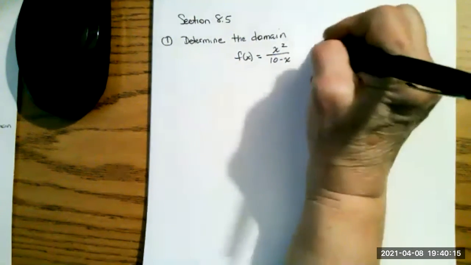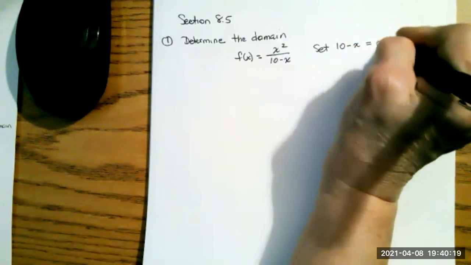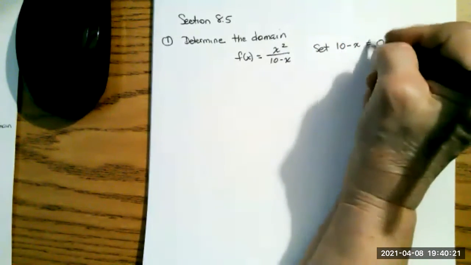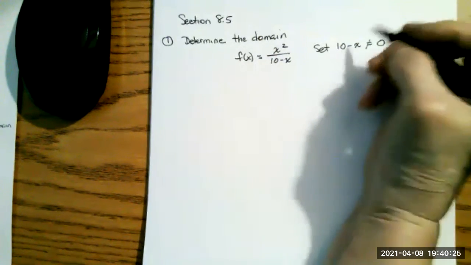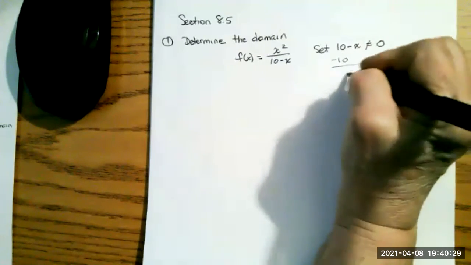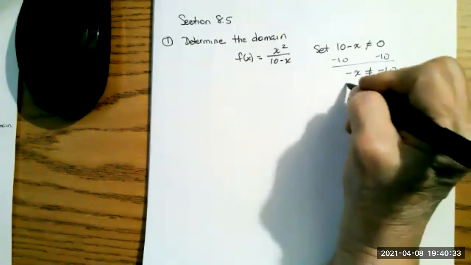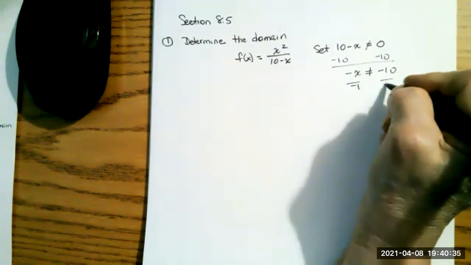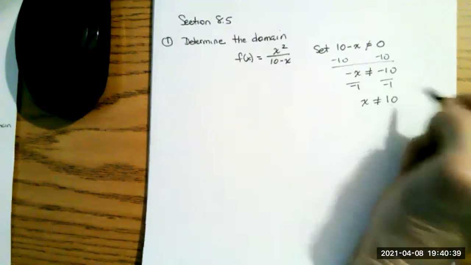So to do that, you set 10 minus x not equal to 0, because we're doing domain. Now then subtract your 10. And you get negative x is not equal to negative 10. Divide out your negative 1, and x cannot be equal to 10.